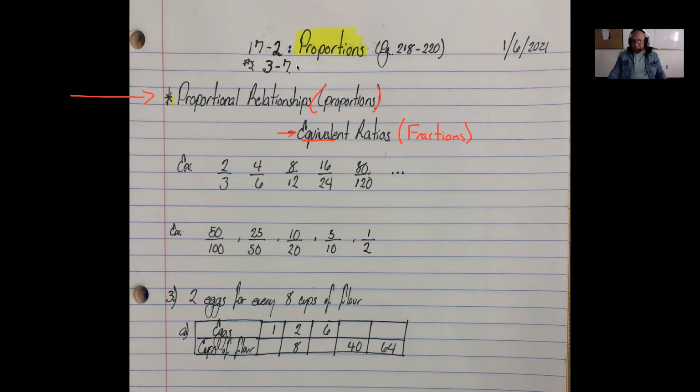What do I mean by that? Well, consider this list of fractions right here. All of these fractions are equivalent. Each one of these fractions is equivalent to all others within this list. For example, consider the fractions 2/3 and 4/6.